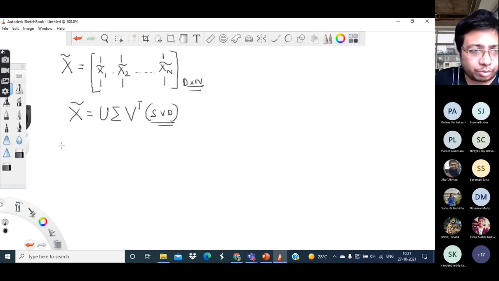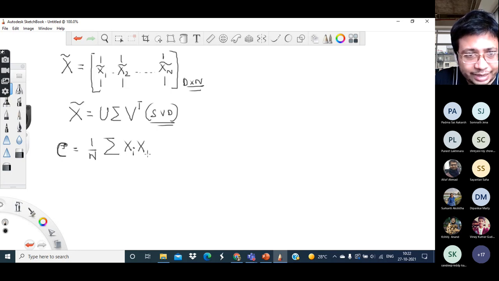Let's say that we have already centered the data. Now, what is the claim? The claim is about C. What is C? C is the sample covariance matrix, the sum of xi tilde times xi tilde transpose, for i equal to 1 through n.